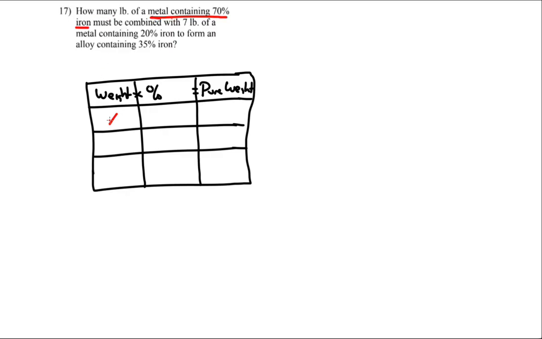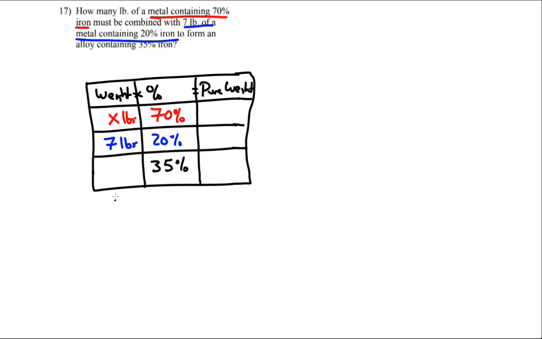So I'm going to say that's X pounds of a 70% iron metal, which must be combined with 7 pounds of a metal containing 20% iron to form an alloy of 35% iron. And so we're trying to find X here.